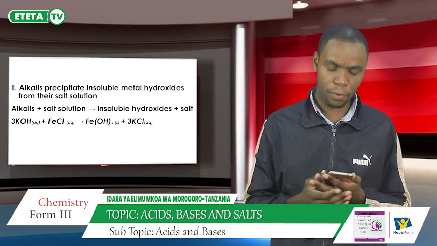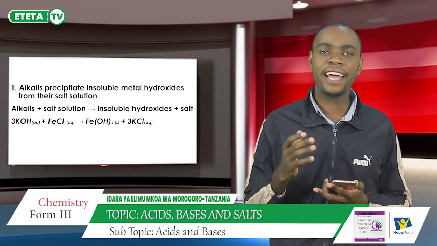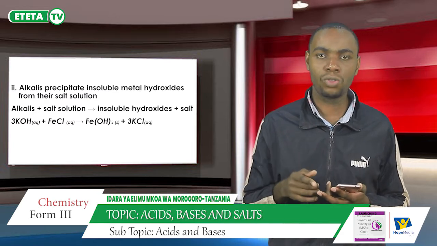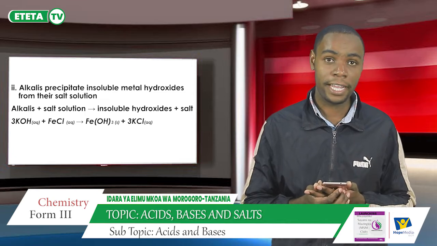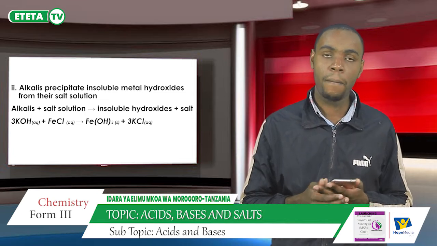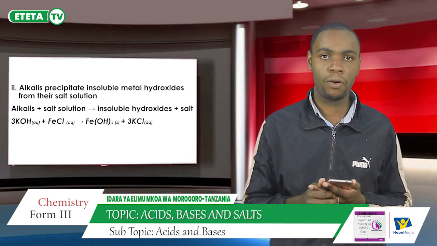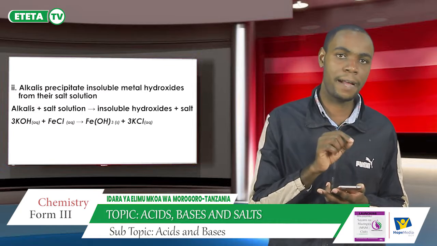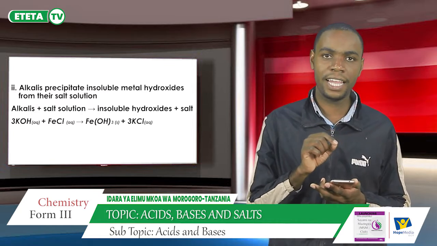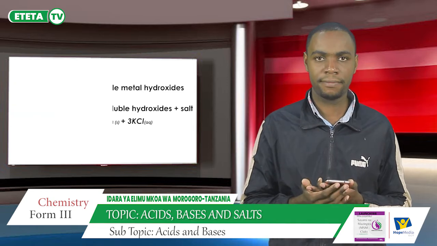The product which is formed there is iron hydroxide, which is insoluble, and another product is potassium chloride. So this is the insoluble base which is formed after the reaction between potassium hydroxide and iron chloride.